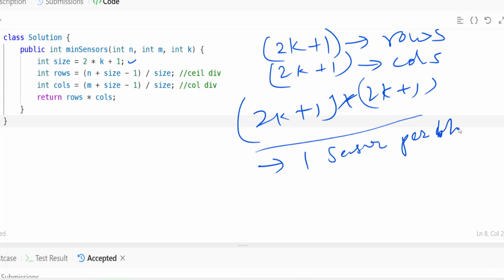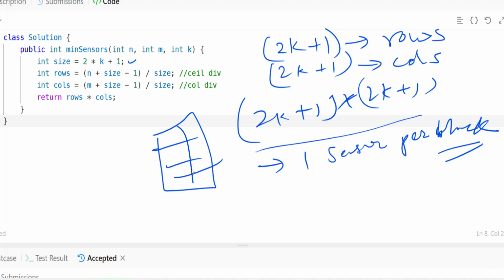Understand, right? Whenever we have a grid, and that grid we have to divide into blocks, and we want to place the sensor there, you have to find the size. This is your size.